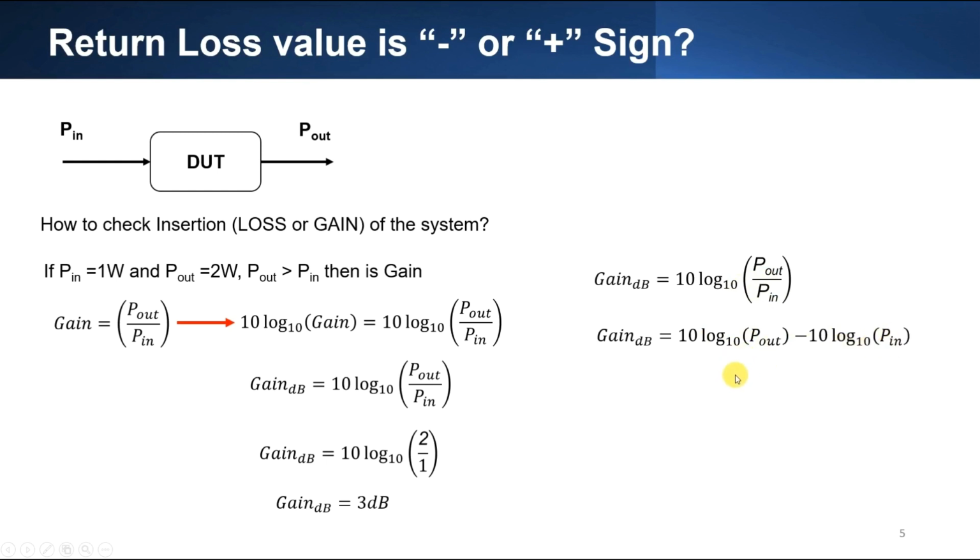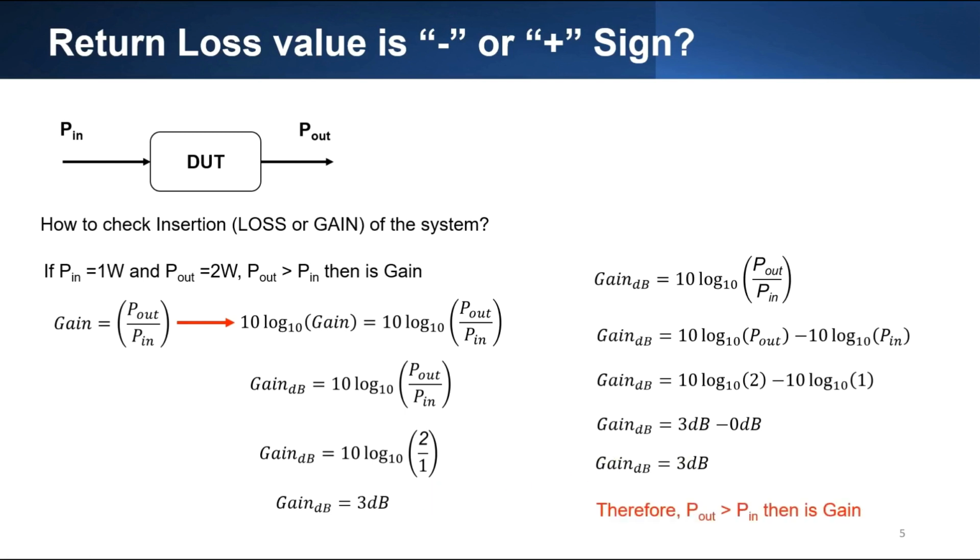That means from here we can know that the system has gain because your power out is greater than power in. So you will get 3 dB. So you are getting the same. Therefore, power out greater than power in, then it is gain.